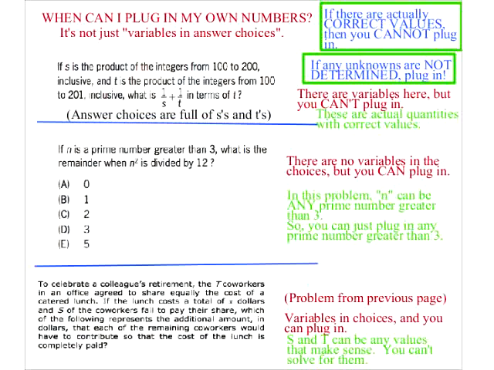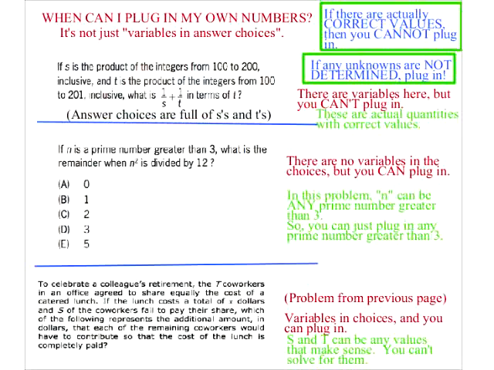So just remember, thinking of it as variables in choices is only a starting point. That's not really what it is. That's just a rough approximation. What it really is, if you have undetermined quantities, then you can do this.